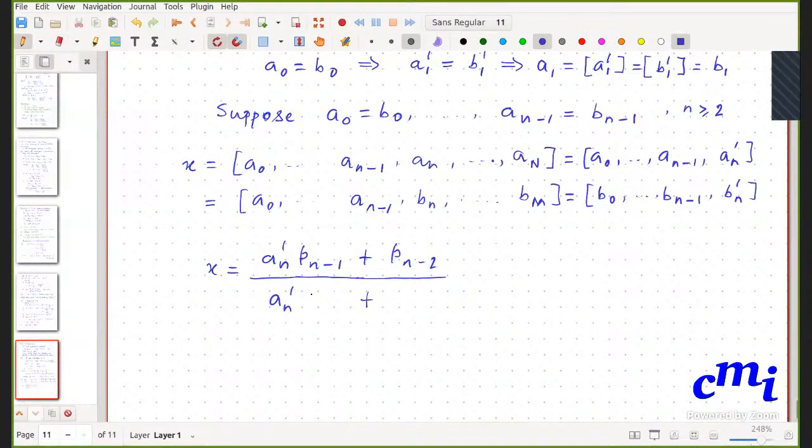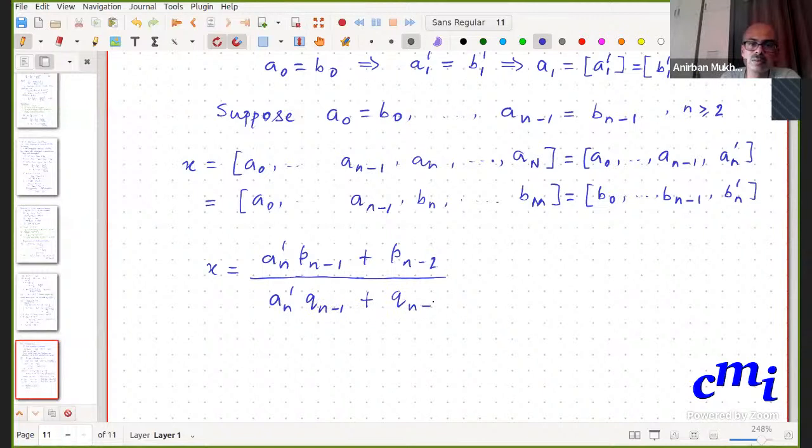The denominator is qn. Yes, thank you, qn. Denominators are all qn, and this is also equal to bn' pn-1. So this is where I'm using the induction hypothesis that up to n minus 1, all these entries are the same.